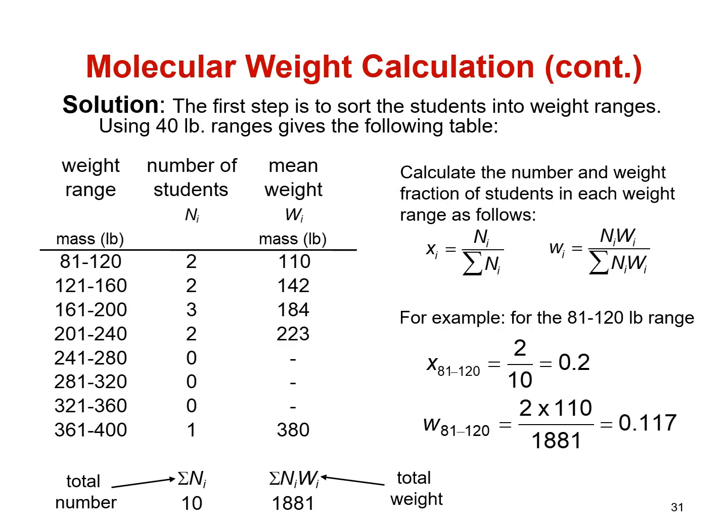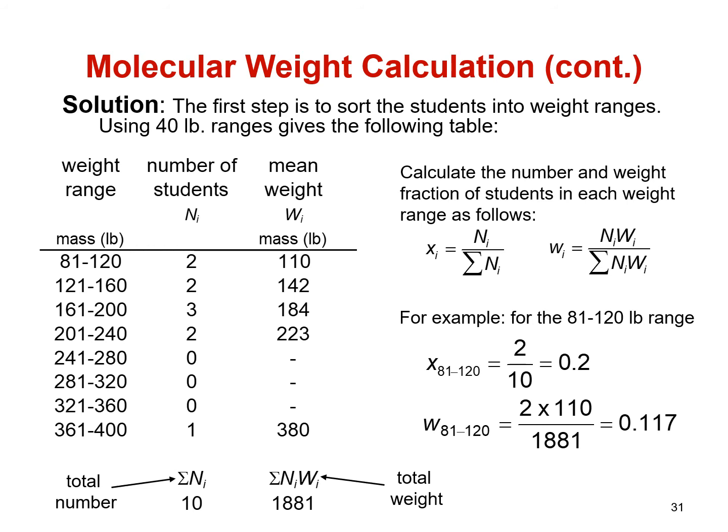So the solution begins with the first step, that is to sort the students into weight ranges. Based on the data given, we can use 40-pound ranges and we can produce this kind of table.